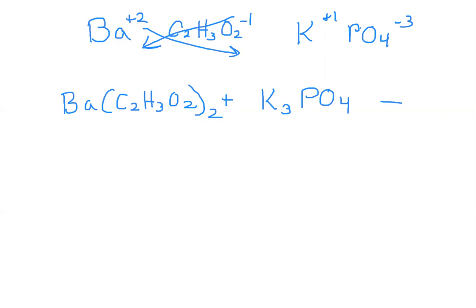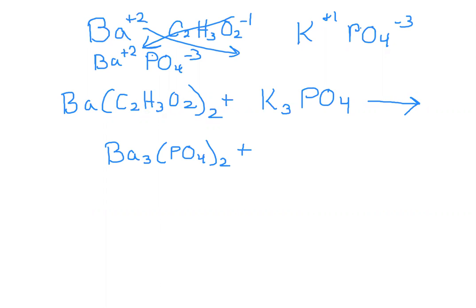Okay, so those are going to go together, and it tells us that it is a double replacement. That means now barium is going to go with PO4, and potassium is going to go with the C2H3O2. So now barium is a +2 and PO4 is a -3, so that's going to become Ba3(PO4)2.